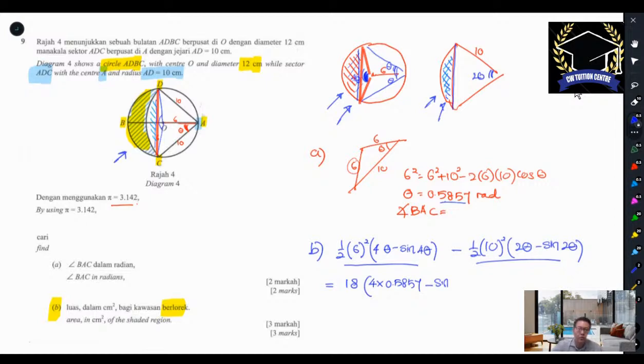Let's multiply by 4. It is 2.3428. Okay. Minus 50. 2 theta is 0.5857 times 2, 1.1714 minus sine.